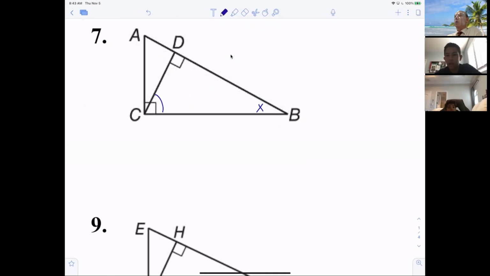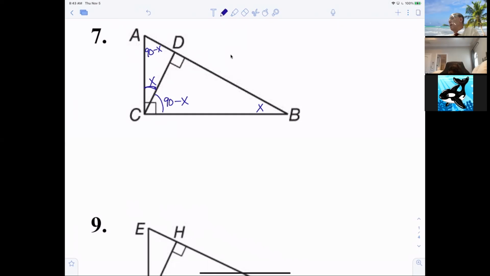What is that angle? Oh, Brady knows. Thank you, sir. That is 100% correct. That is 90 minus X. So now if that's 90 minus X, what is this angle right here? Thank you. And then what's this angle A? There you go. If that's how you prefer to do it, a little bit more advanced, that's how you can prove that they are what? That they are all similar triangles. So everybody agree with that now?